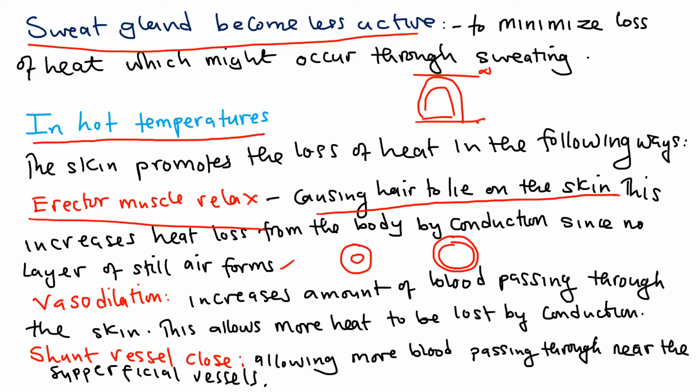So these are shunt vessels. If I've made a mistake when explaining, let us make some amendment. So the shunt vessel closes, which means the blood will pass through the superficial vessel. So when the shunt vessel closes, the blood passes through the superficial vessels, which are near the skin, and this promotes the loss of heat through conduction. So please make that amendment.